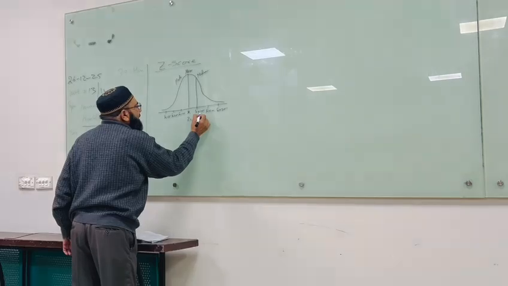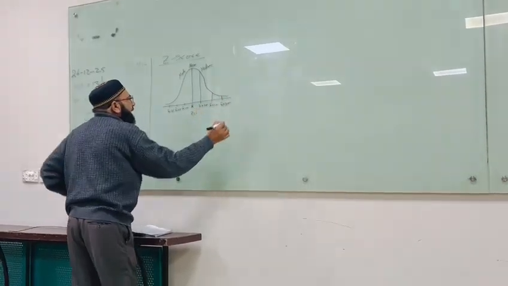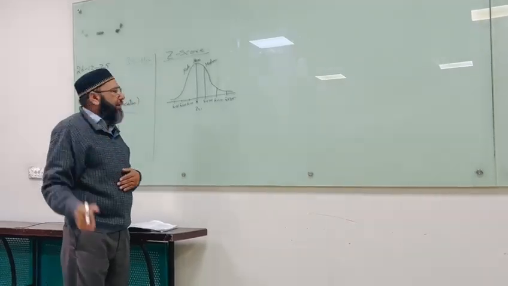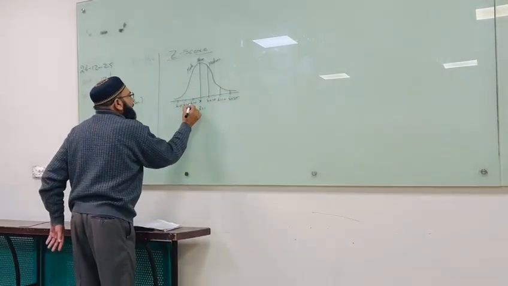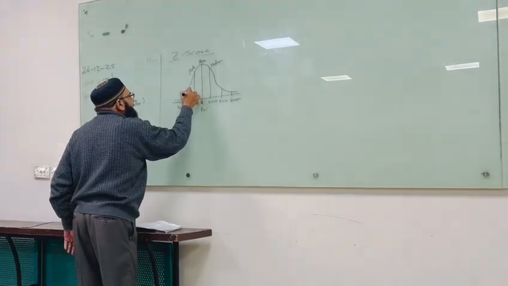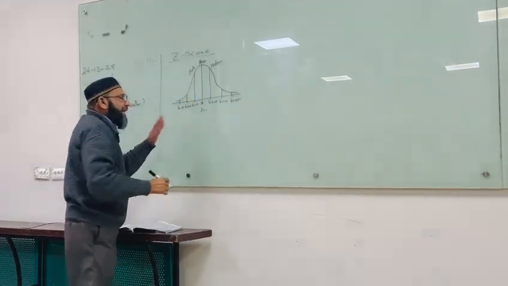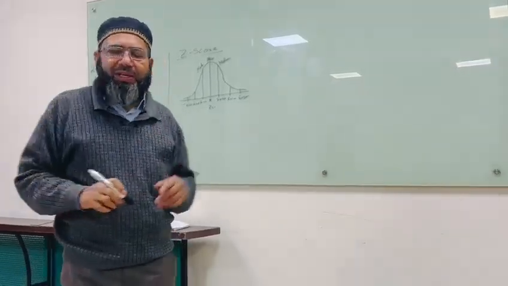This is one standard deviation, this is two standard deviations. Addition shows the right side, and this is three deviations plus. And this side is one deviation subtracted, so the negative sign shows the left side. It is not negative marking, it is the left side.